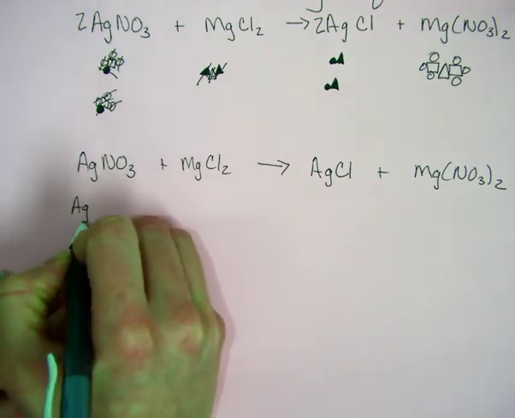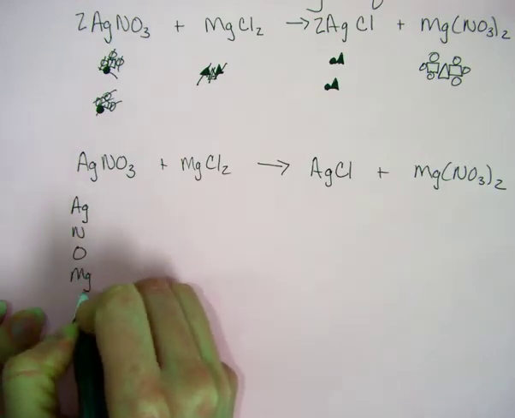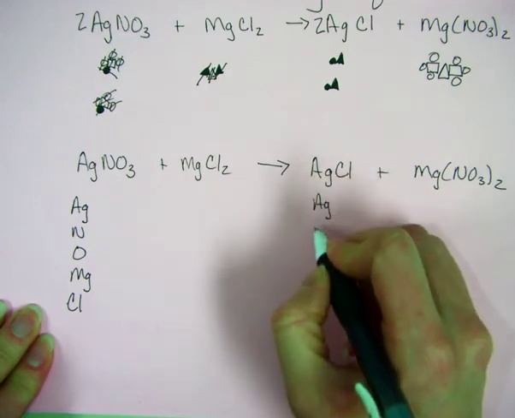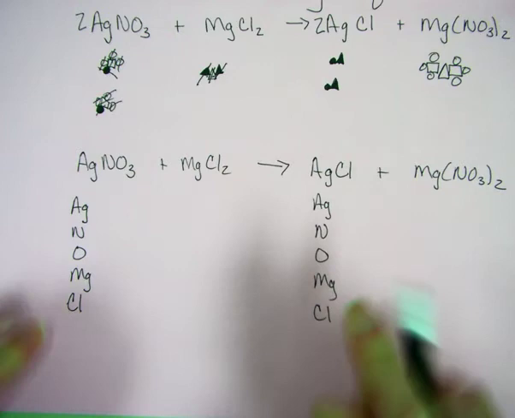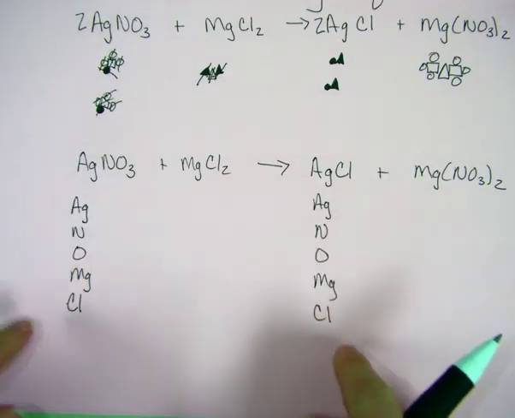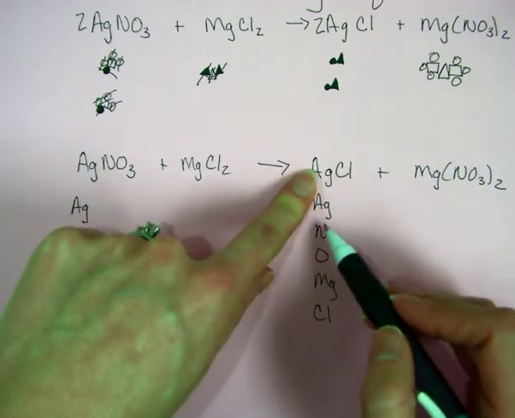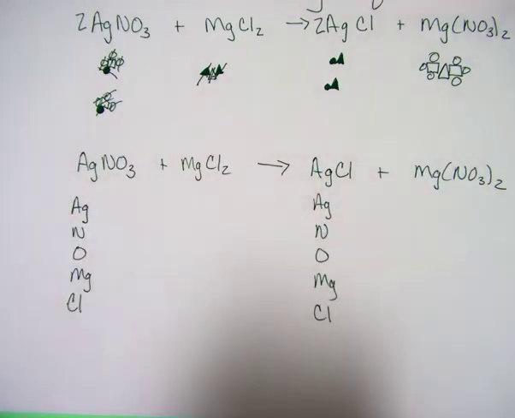So Ag, N, O, Mg, and Cl. Make the same list, Ag, N, O, Mg, and Cl. I like to keep them in the same order, that way it's easy to compare back and forth, instead of doing on this side Ag, Cl, Mg, N, O3, and so on.